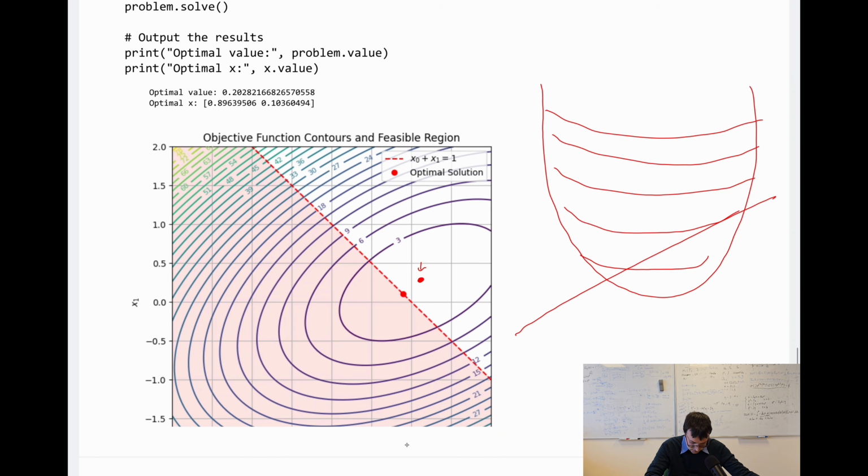So the feasible set is only the points which are on this line over here. And then we know that in this direction over here, we go lower, and in this direction over here, we go higher. And so we look for the best solution, and the same over here, okay? So we go high in this direction, and we go high in this direction. And it turns out that the best solution is going to be this point over here, which, if you look at it, you can think of as the closest point to the unconstrained optimal value, okay?